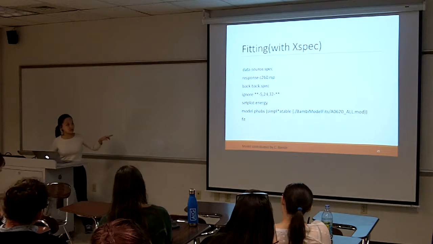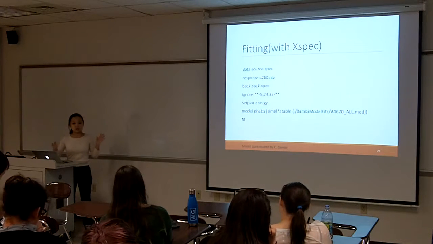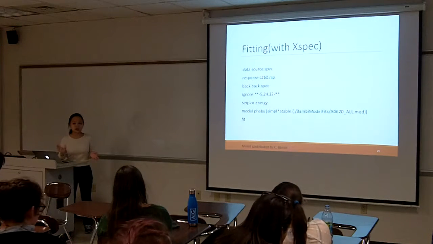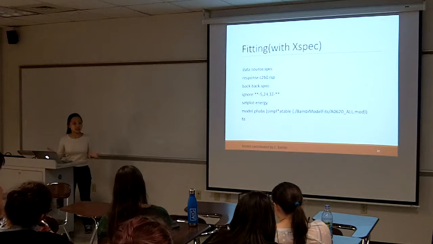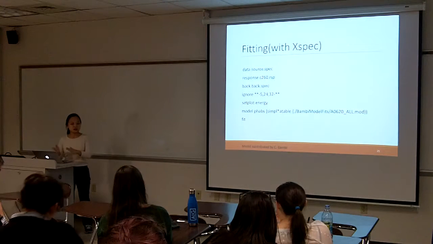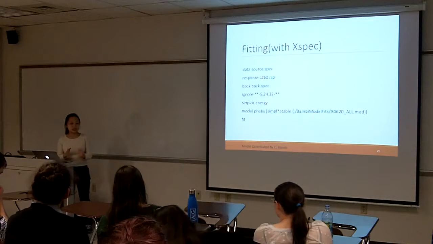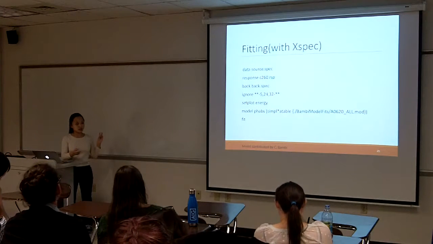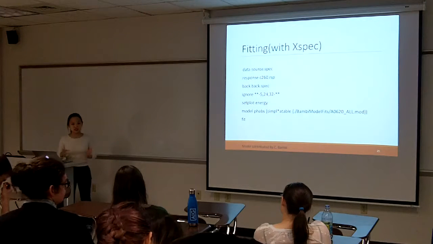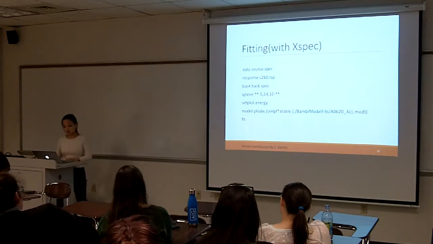You press fit, and then it will ask you to give the initial value for each parameter, and you tell it which is frozen and which is not, and it will give you the optimal results around this region.